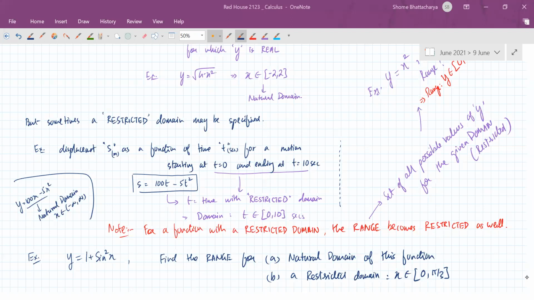Because see what is happening now, sine square x can never be a negative quantity. So that means y can never be less than 1. That's why I've excluded 0. But for example, can it be 0.5? It can't be, right? Its minimum value is 1. You understanding the point?